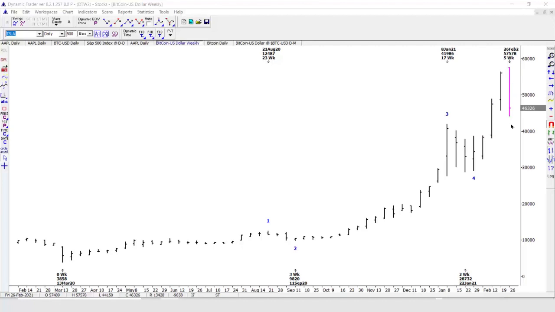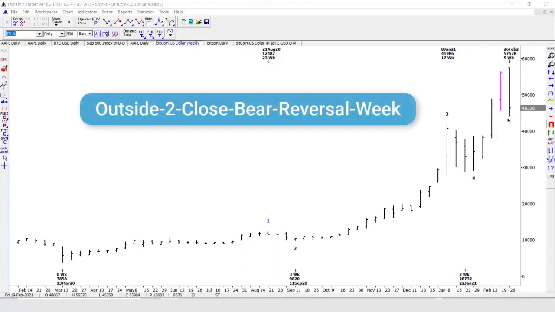And as of the last bar of the chart, keep in mind again, weekly bars, this is what's called an outside to close reversal week. That means an outside week: it made a new high during the week, and then before that week closed, it closed down below the closes of the past 2 weeks. That's usually a pretty solid price reversal signal.